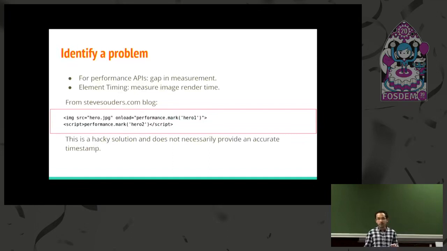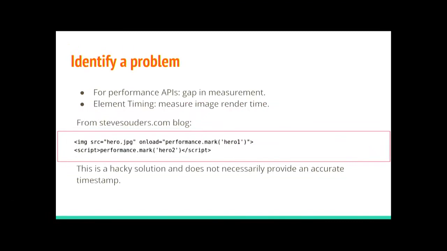That will basically give you a high-resolution timestamp of when you call the method. So that gives you timestamp hero1. And in addition to that, you have to append a script right after the image tag. And the script will also have another call to performance.mark. So you get a second high-resolution timestamp, in this case, hero2. Now, to get the estimated image render time, you get the maximum between those two marks. And that is the proposed solution.